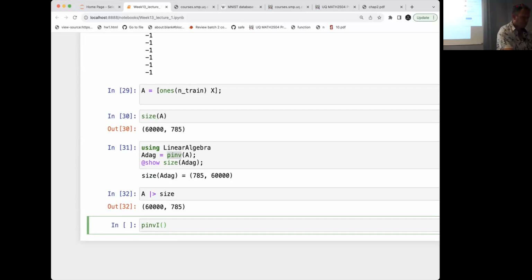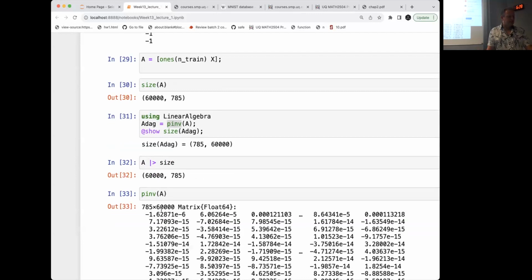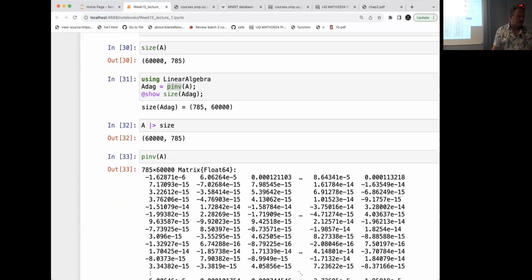It's called pinv, pseudo-inverse of A, and it gives me a matrix that's going to be 785 by 60,000.